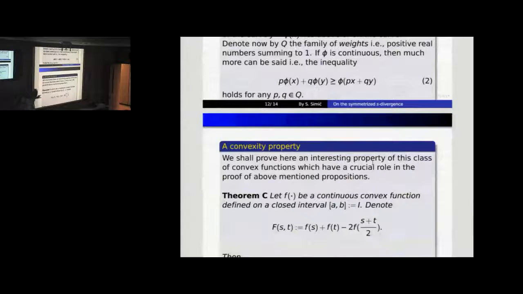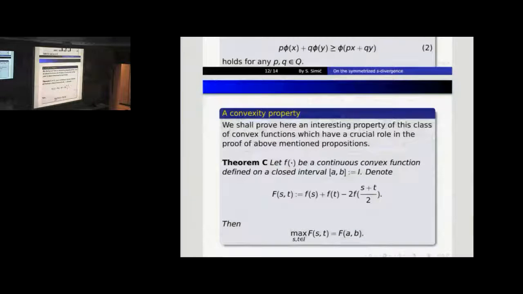This is theorem C. So we have a closed interval, and this function f, there is the sum minus, it's also the difference between objects. And what is important, this function has this property. The maximum of this function is exactly f of AB.